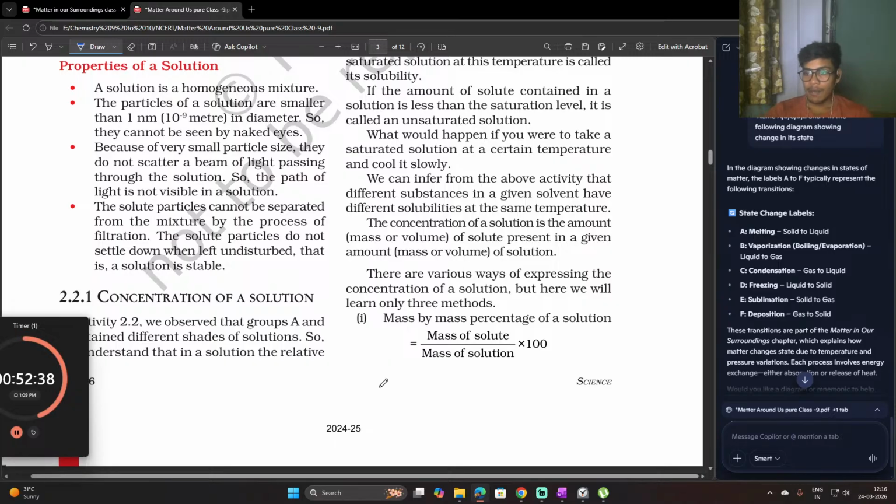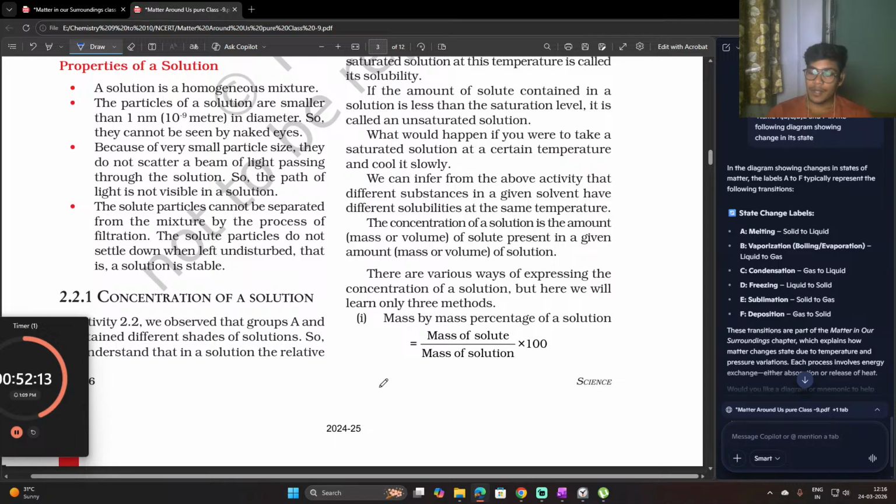The first is mass by mass percentage of a solution. Mass of solute divided by mass of solution into 100. How can we calculate it?